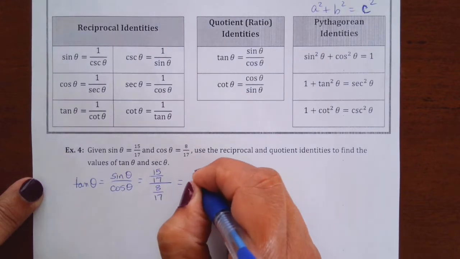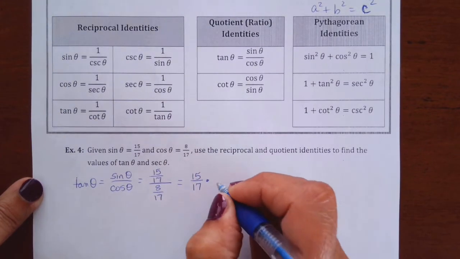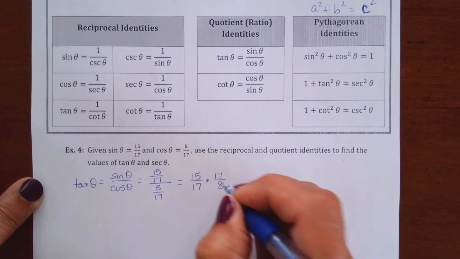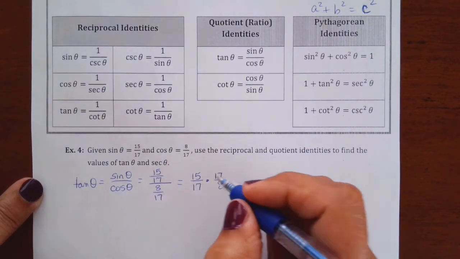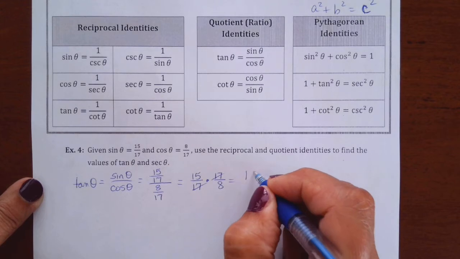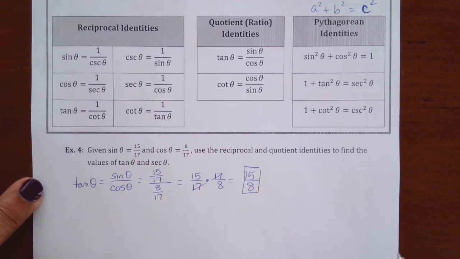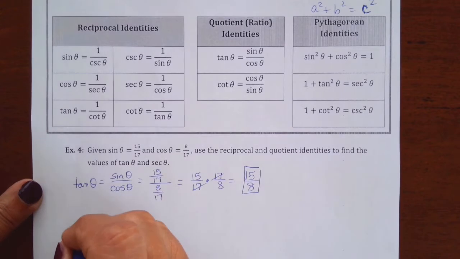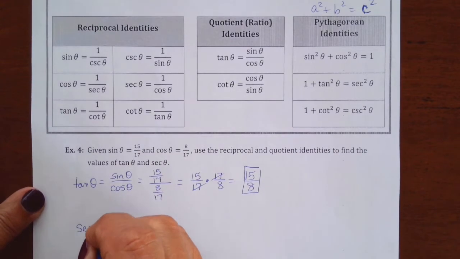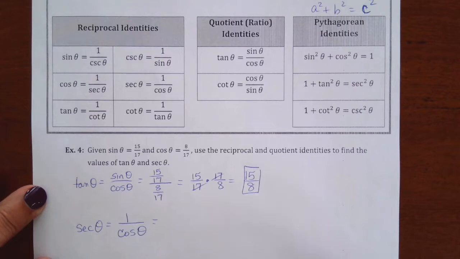So that's 15/17 over 8/17. And remember, when you divide in math, you multiply by the reciprocal of the denominator. So 15/17 times 17/8. The 17s will cancel, so the tangent would be 15/8. So I wouldn't need to use a triangle if I know that that's the same ratio. Now the secant, the next one they ask you for, is the same thing as 1 over the cosine value.